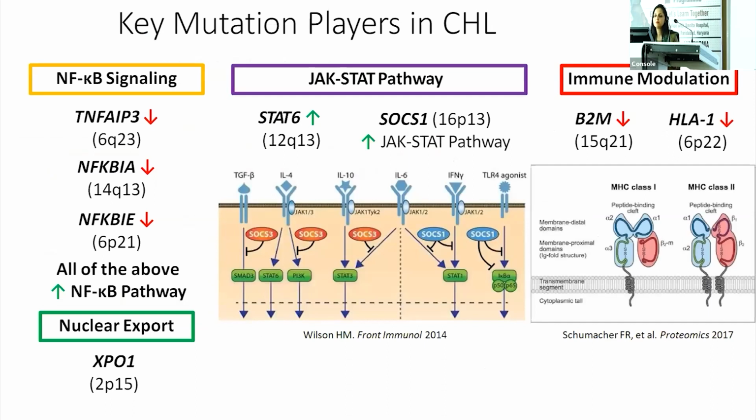I will not go into the details of the key mutation pathways; the red down arrows are loss of function, and the green up arrows are gain of function. Mainly the pathways involved are NF-kappa B, the JAK-STAT pathway, and the immune modulation pathway. Based on these pathways, the drugs are also selected. If you go into the depth of these, you will know why a particular therapy works here.